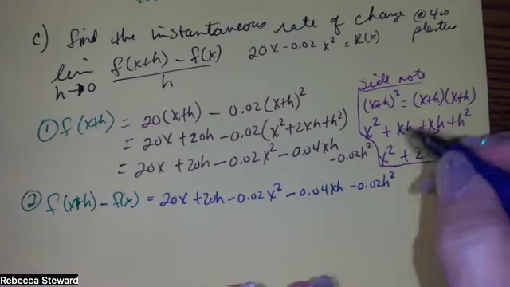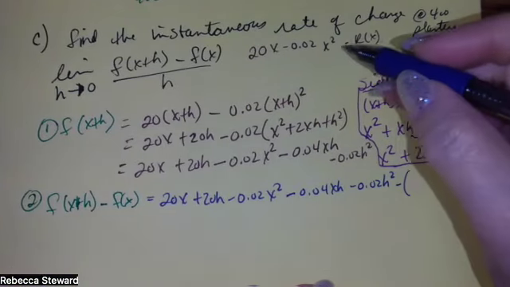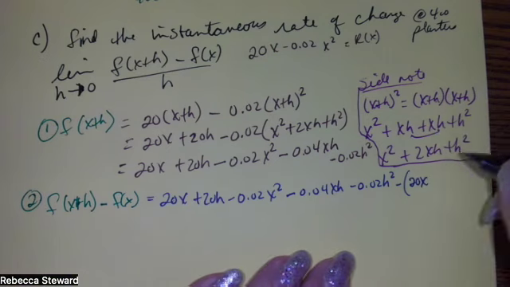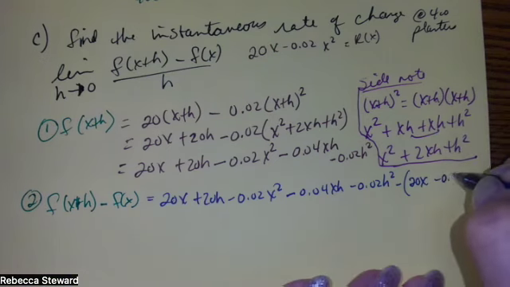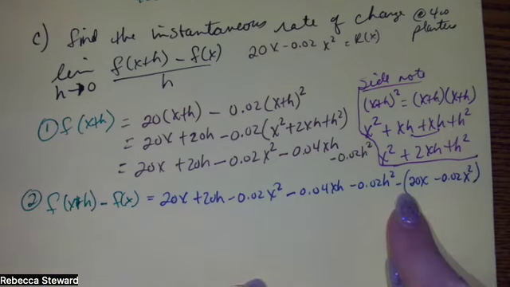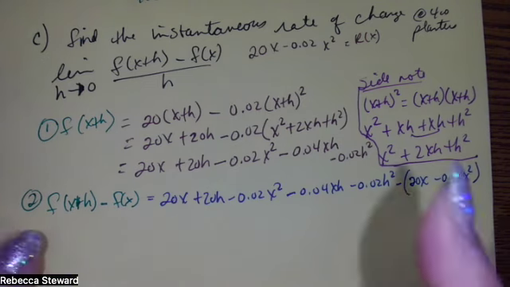And then from that, we are going to subtract our original function, which will be our 20x minus 0.02x squared.